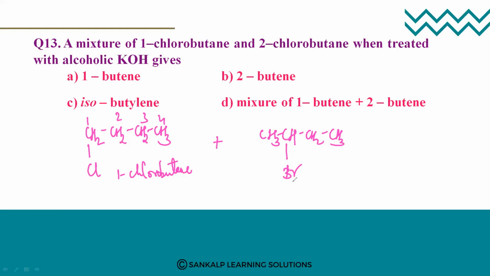So this is 2-chlorobutane. When you treat this mixture of 1-chlorobutane and 2-chlorobutane with alcoholic KOH, what will happen? It will undergo a dehydrohalogenation reaction.